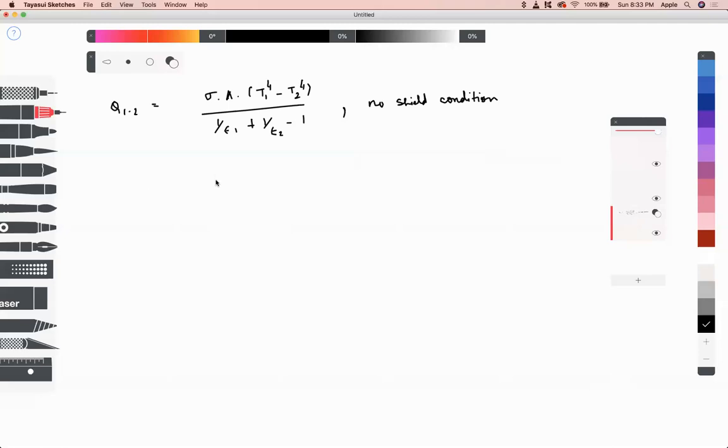Now let's say I put one shield. I will take again, this is surface 1, this is surface 2, and there is a shield that has been put in between them.